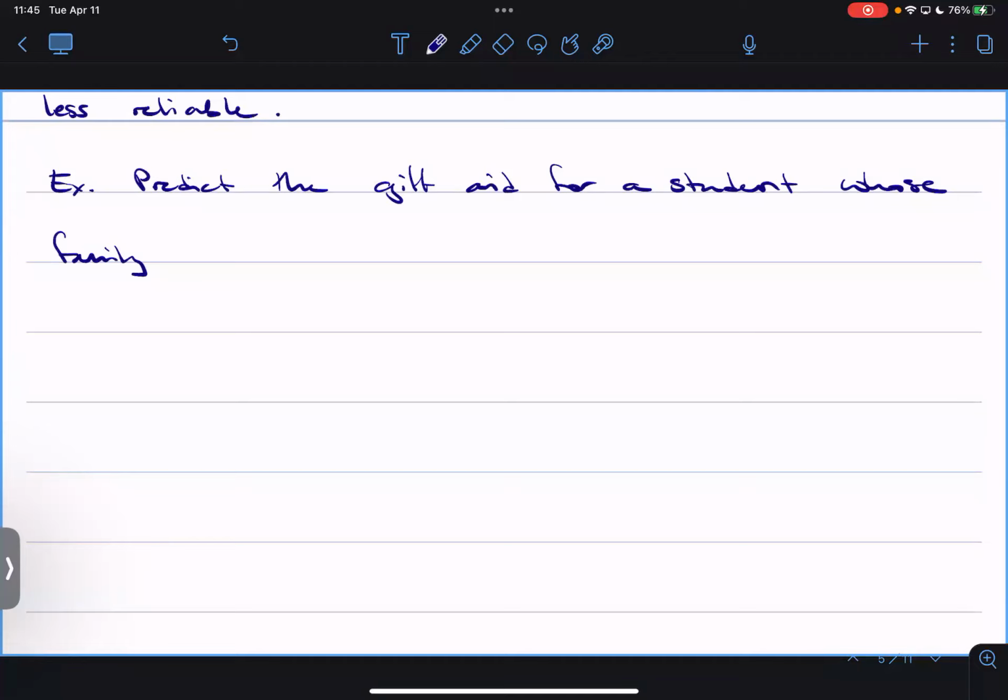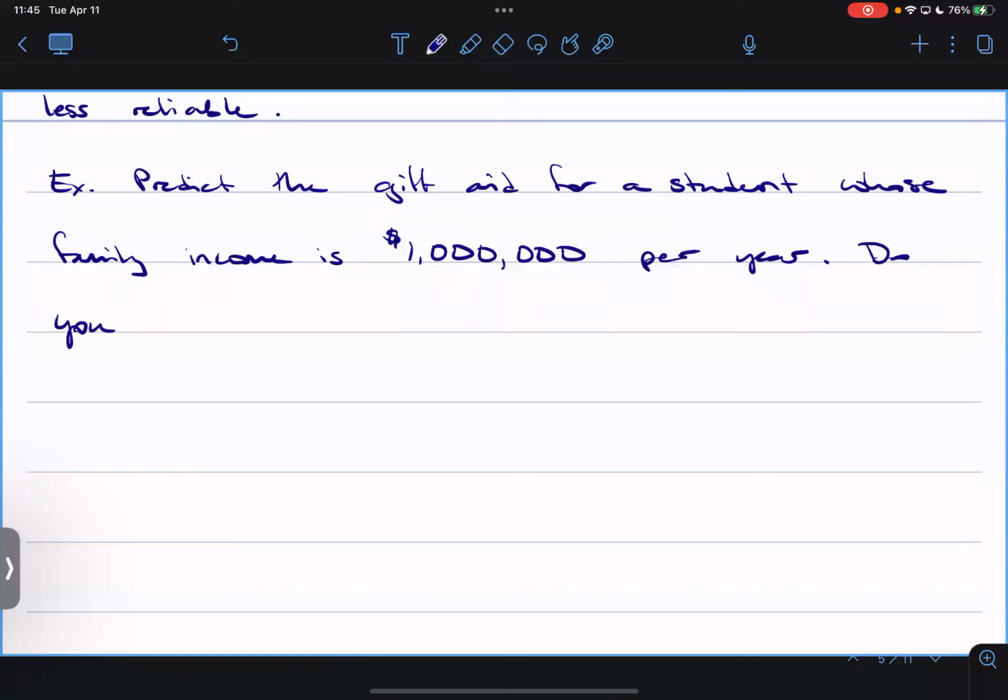I've got it all calculated out, so let's do that. Whose family income is 1,000,000 per year. Do you trust this prediction?